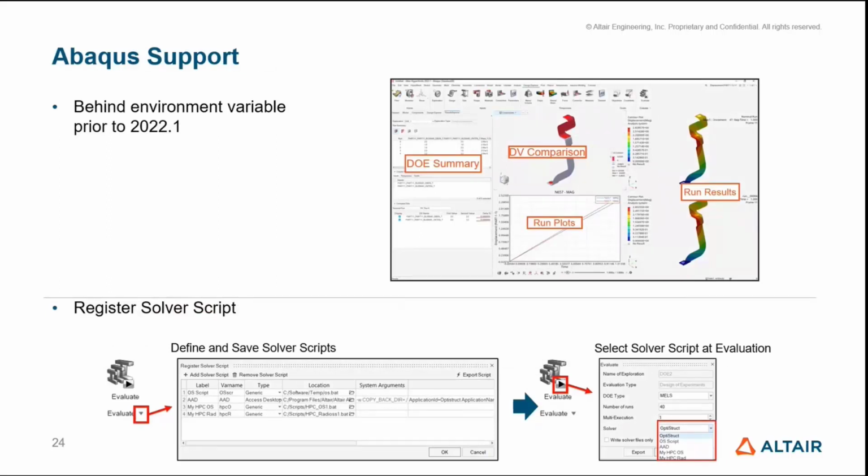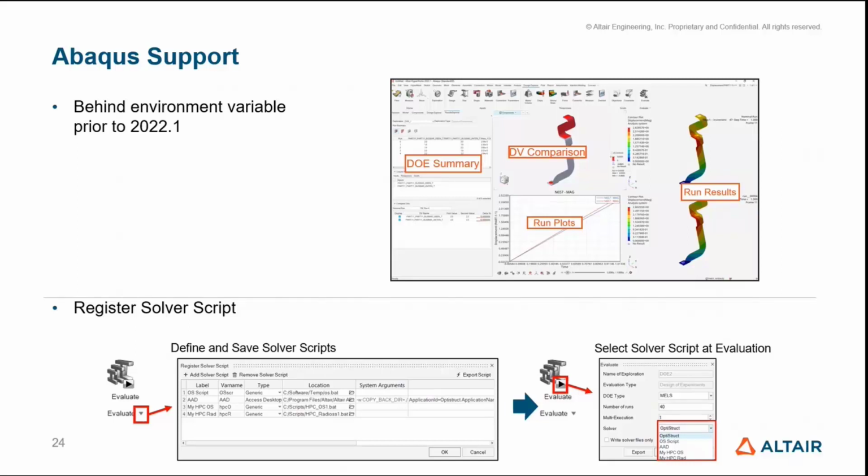Next, Abacus support. Abacus support was there prior to this release, but it was behind an environment variable, pending some additional work and additional testing before we were really confident in that solver support.